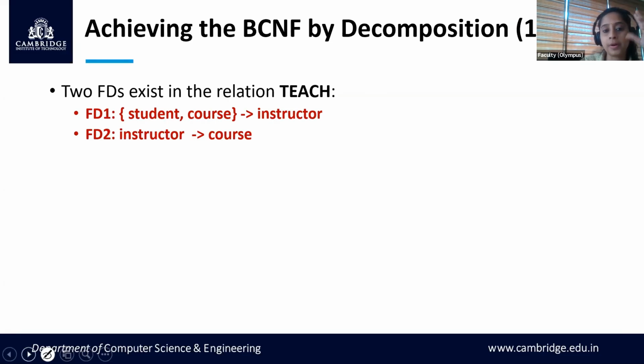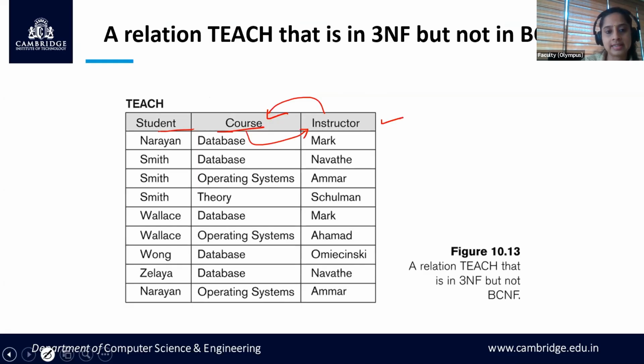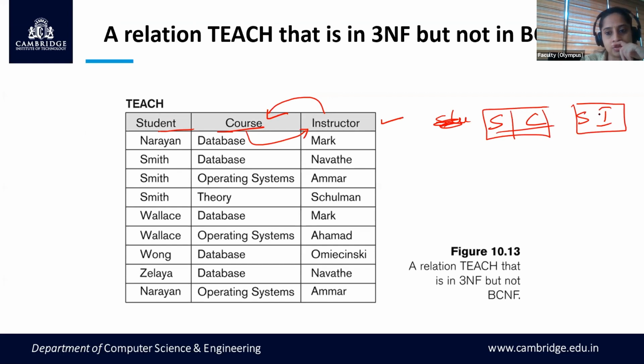So which is a proper decomposition? I have a rule to be followed. What are the possibilities that I can break? I think last class I told you, SC and SI is one table. I will make these two complete because one student can take any number of courses, so the combination I'll keep as primary key. One student can have more than one instructor, so a combination key, primary key, according to the scenario.